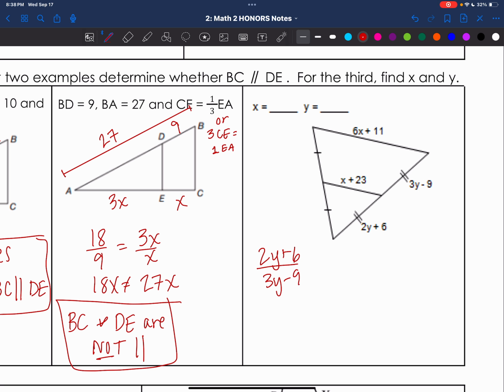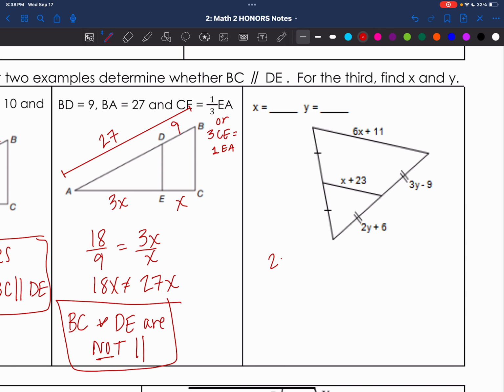And we want to know if that is, I would solve for y first. Once you get y, then you can figure out the sides and solve for x.